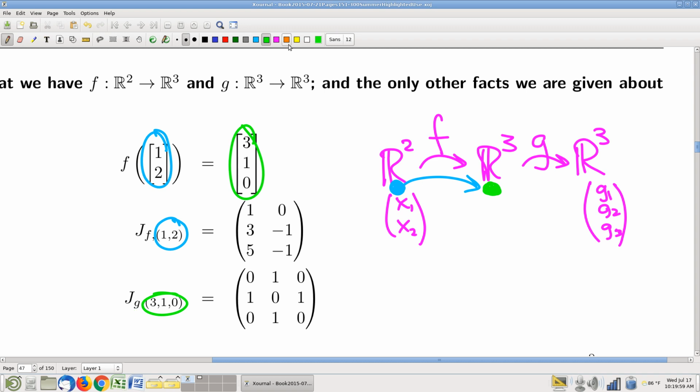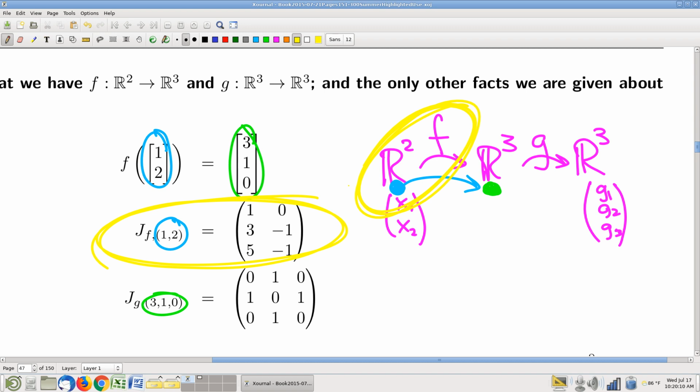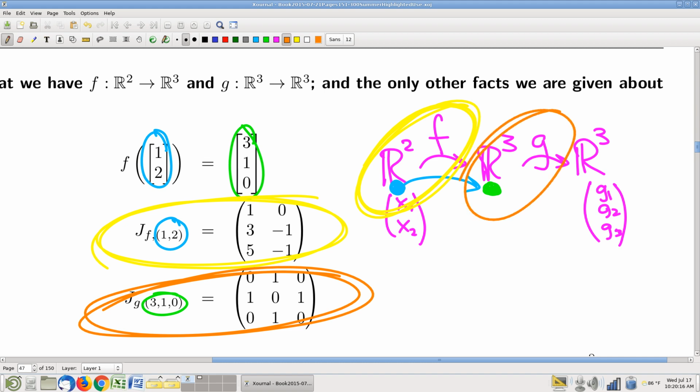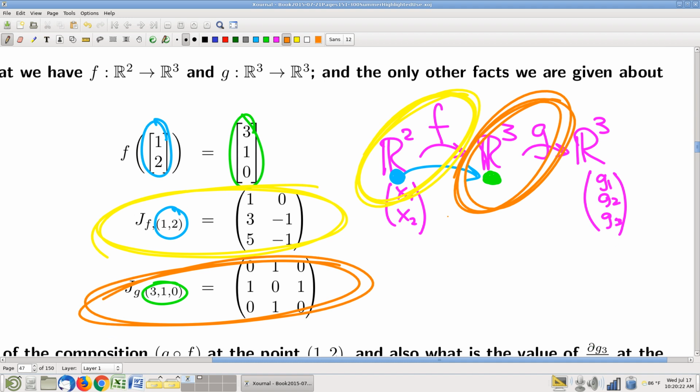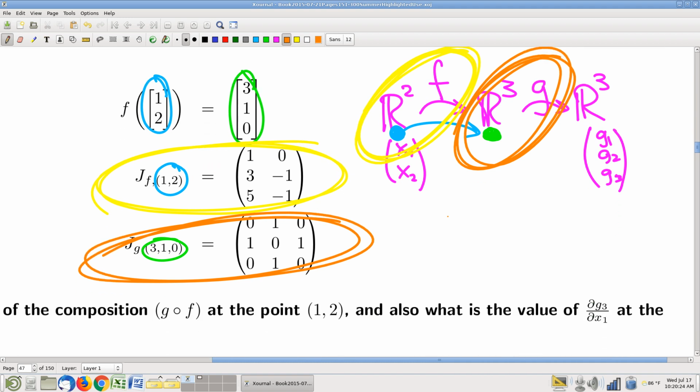So, looking at these Jacobians, the Jacobian of f is telling me about the Jacobian of f at that point. And the Jacobian of g, that's the Jacobian of g at that point. Right? Everybody happy?